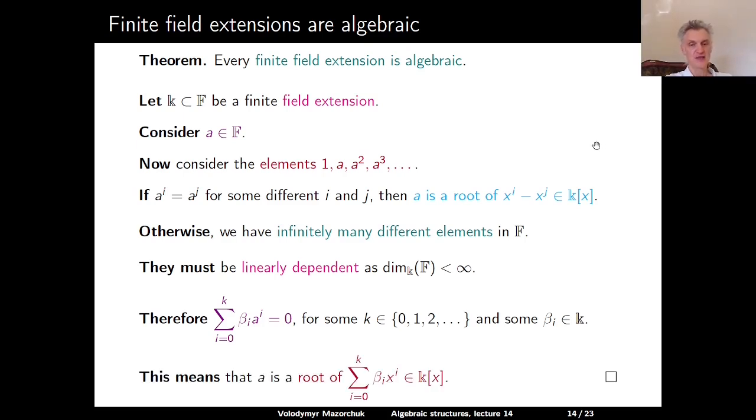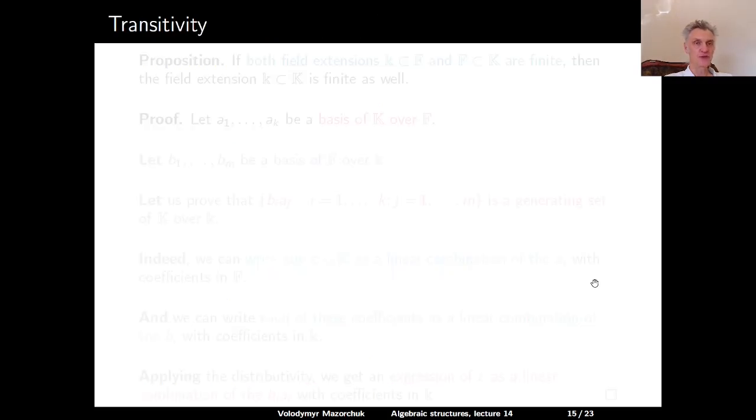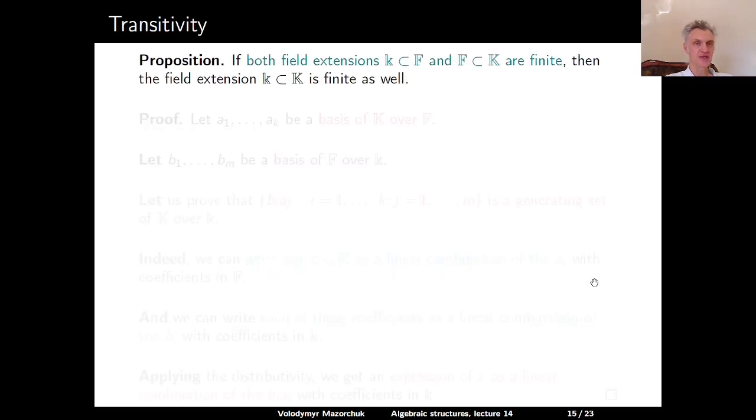But then this means that a is a root of the polynomial with coefficients in our field K, which looks as follows: the sum i from 0 to k of beta i x to the power i. This proves our theorem.